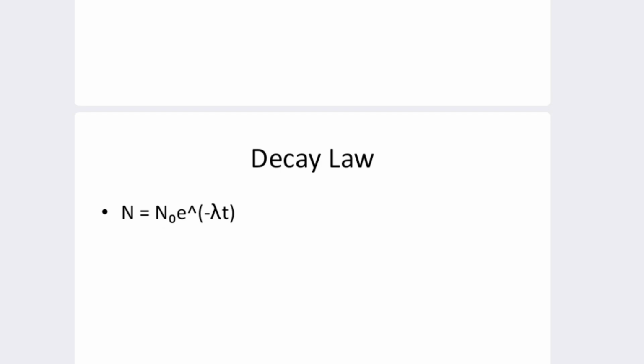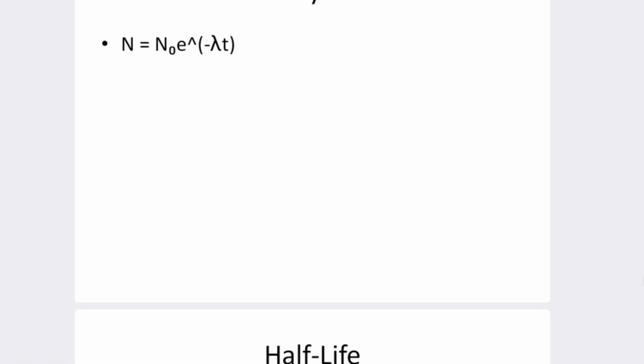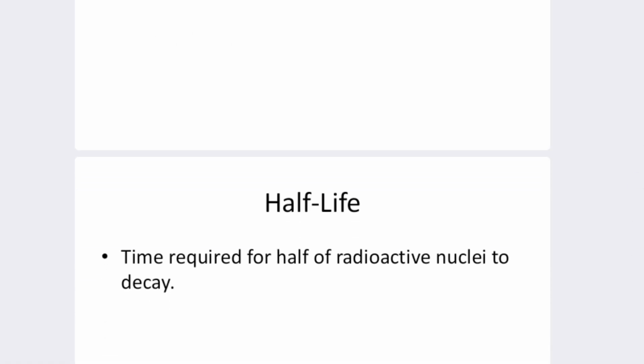Their law states that the number of atoms that disintegrate in unit time is proportional to the number of radioactive atoms present at that time. That is, N is equal to N0 e to the power minus lambda t. That is the radioactive disintegration law or the radioactive decay law.